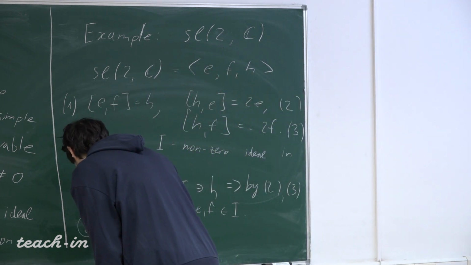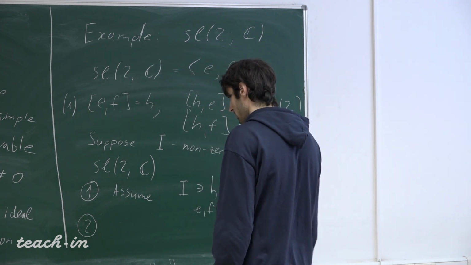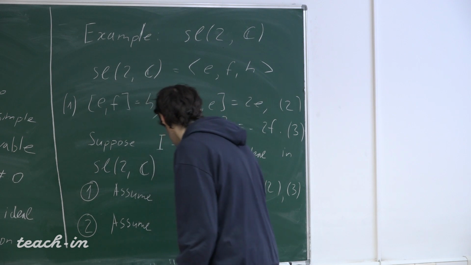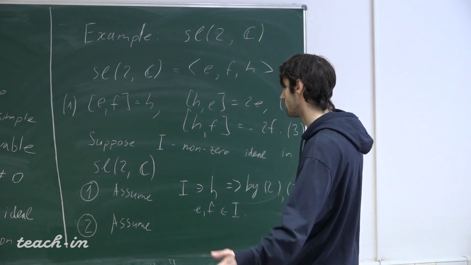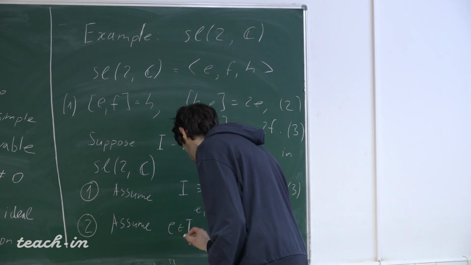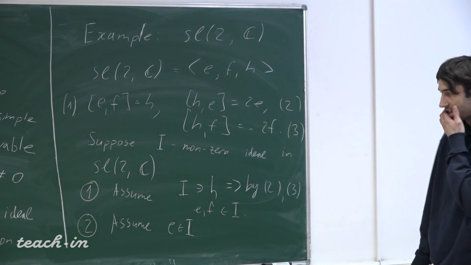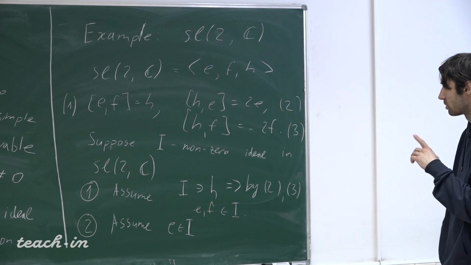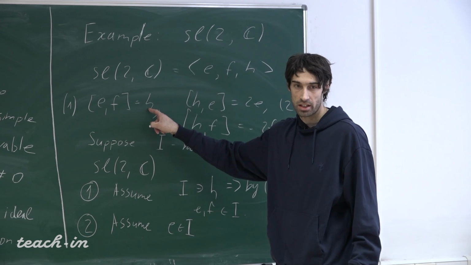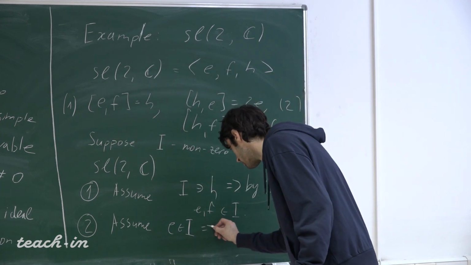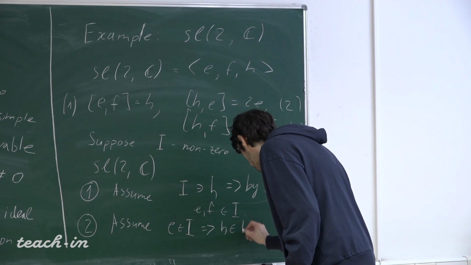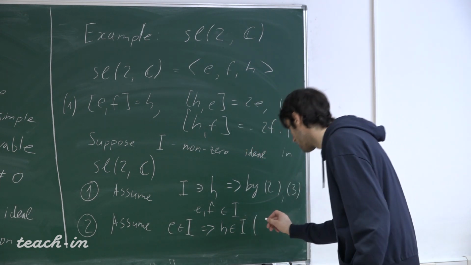So case 2, assume that, well, E, for example, is inside I. Then I would like to argue that H is inside I, right? This is by relation 1.